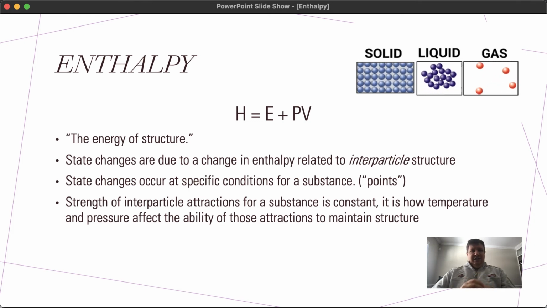What changes is how those interparticle attractions are or are not able to keep the particles in a particular structure. And the analogy that I did to this and talked about in class is trying to hold on to somebody else's hand while you're sitting still versus walking versus running.